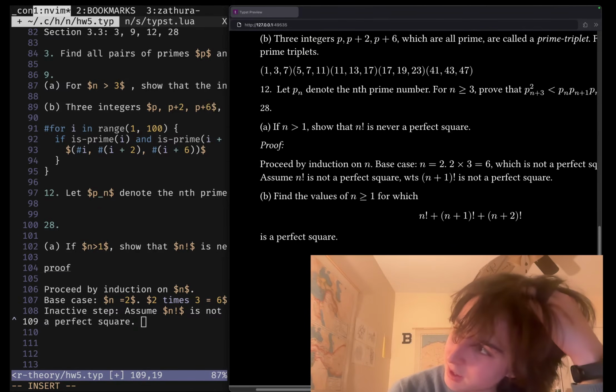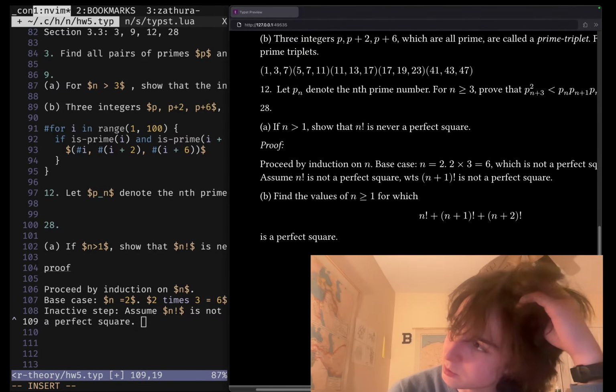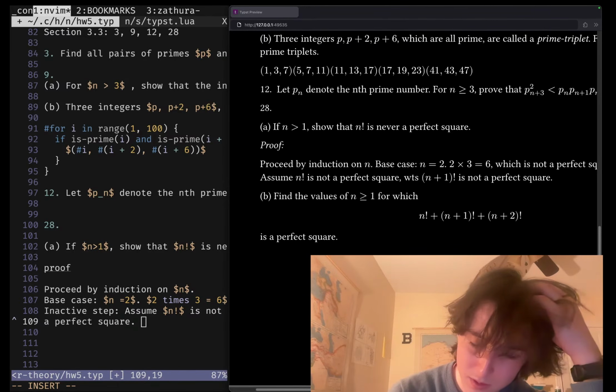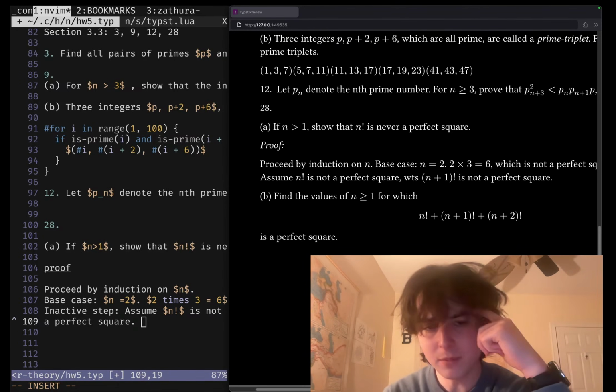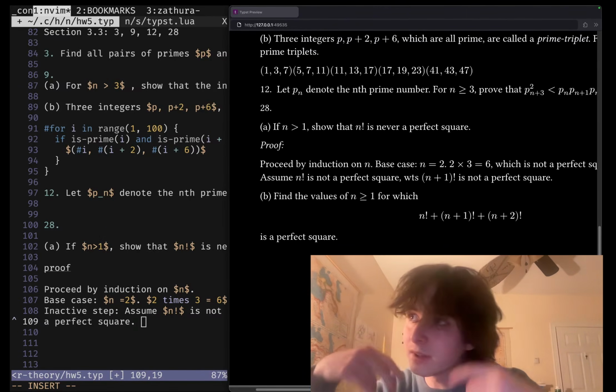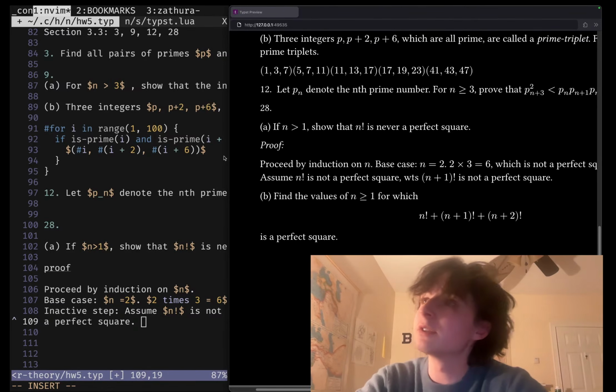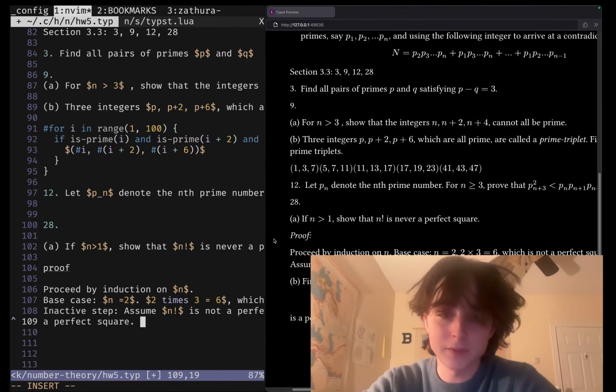Then a divides n plus 1 times n factorial. No. I'm not sure. Honestly, I think I have to read this chapter because I'm trying to use techniques that are too basic to prove these.